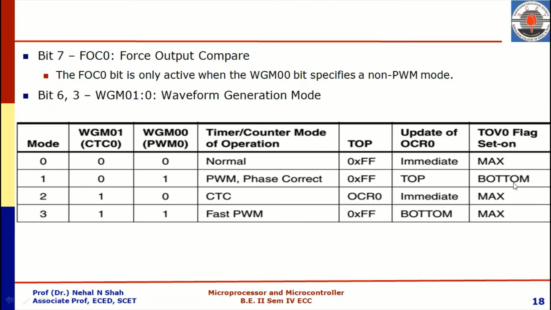In the other three modes, that is normal, CTC and fast PWM, counting takes place from 0 in the upward direction. So whenever it reaches the maximum value, timer overflow flag will be set, which indicates that particular timer interval is completed.